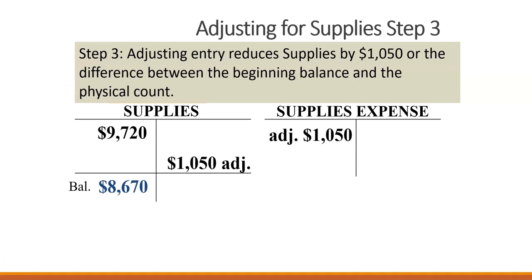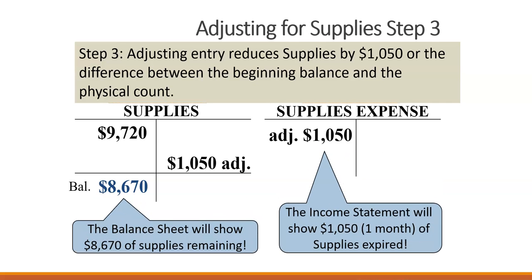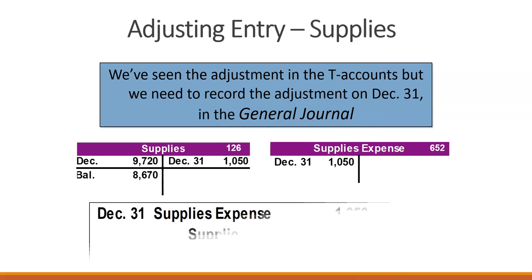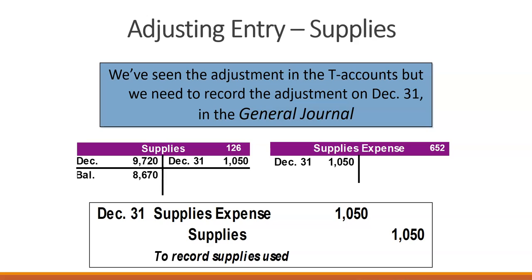We're going to adjust our supplies account by $1,050 to show that we currently have on hand $8,670 in supplies. And our income statement then will show $1,050 of supplies expense, supplies used during the month. So our journal entry will be a debit to supplies expense and a credit to supplies.